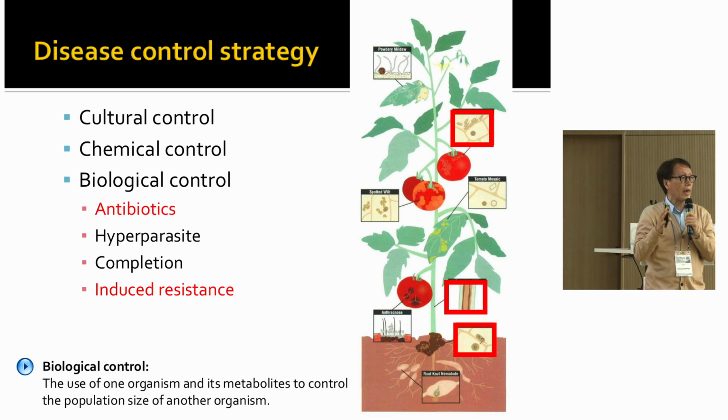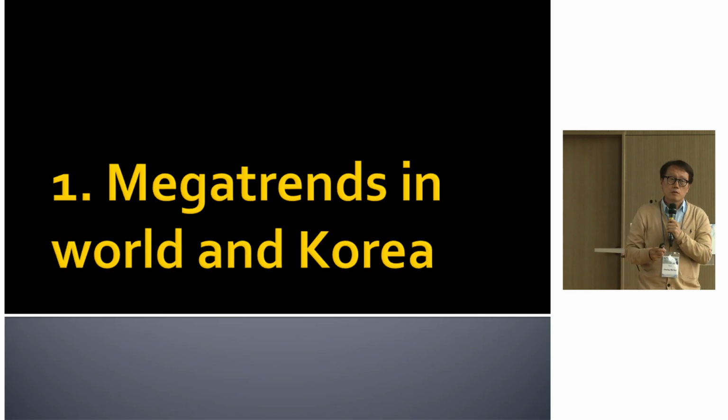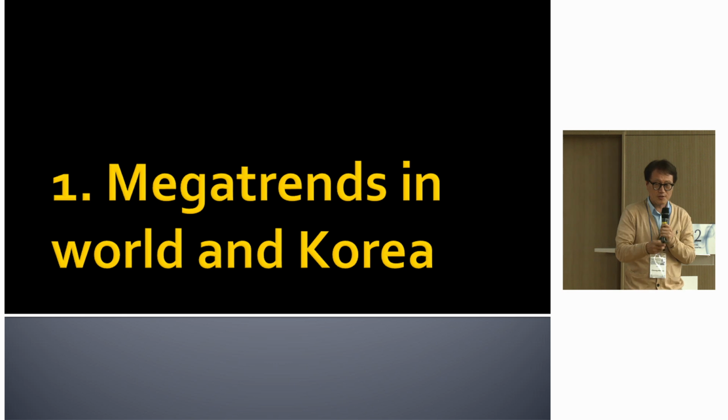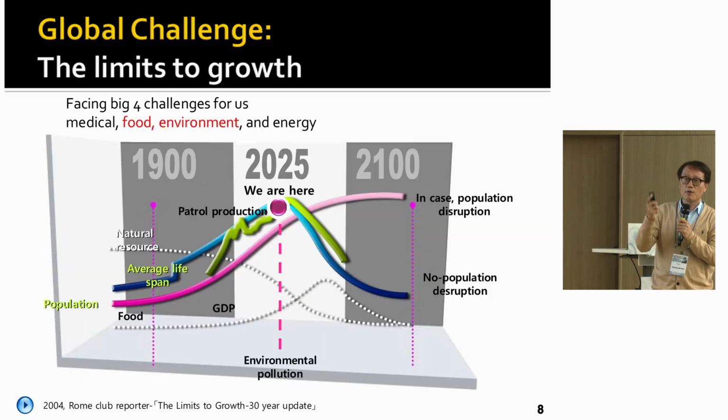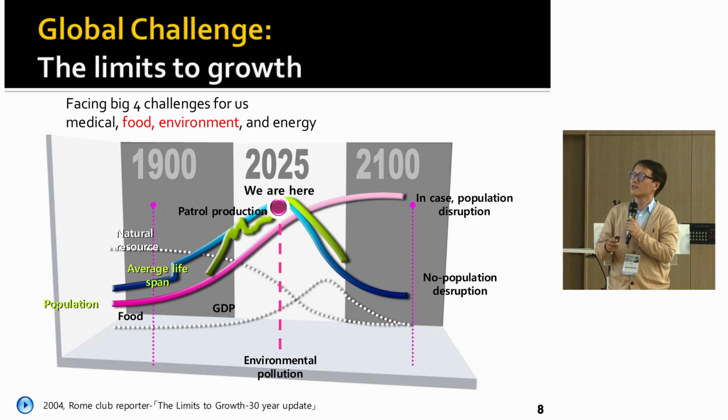There are 4 mechanisms, including antibiosis, hyperparasitism, competition, and induced resistance. Luckily, Pam already mentioned the whole introduction to how biological control is going, so I may skip almost everything. I save a lot of time, so I'll finish a little early.